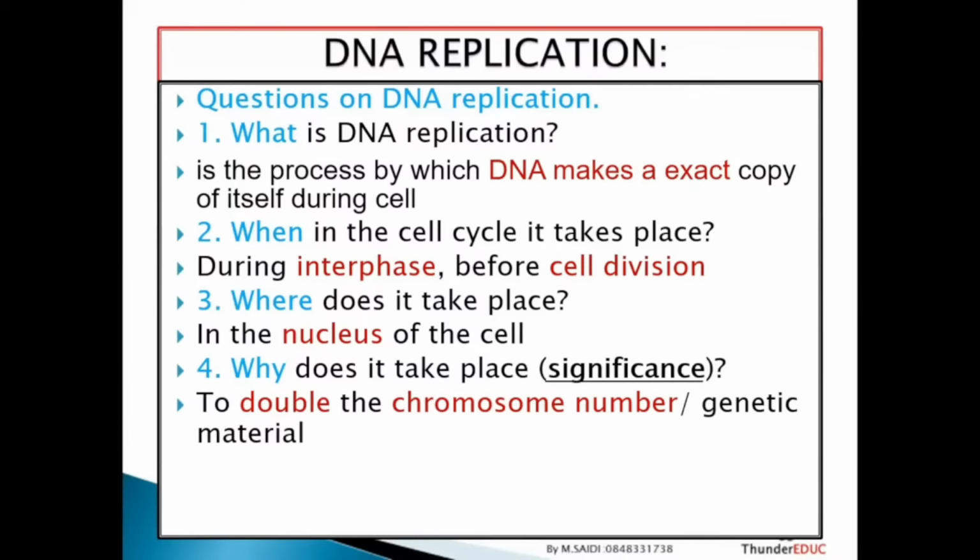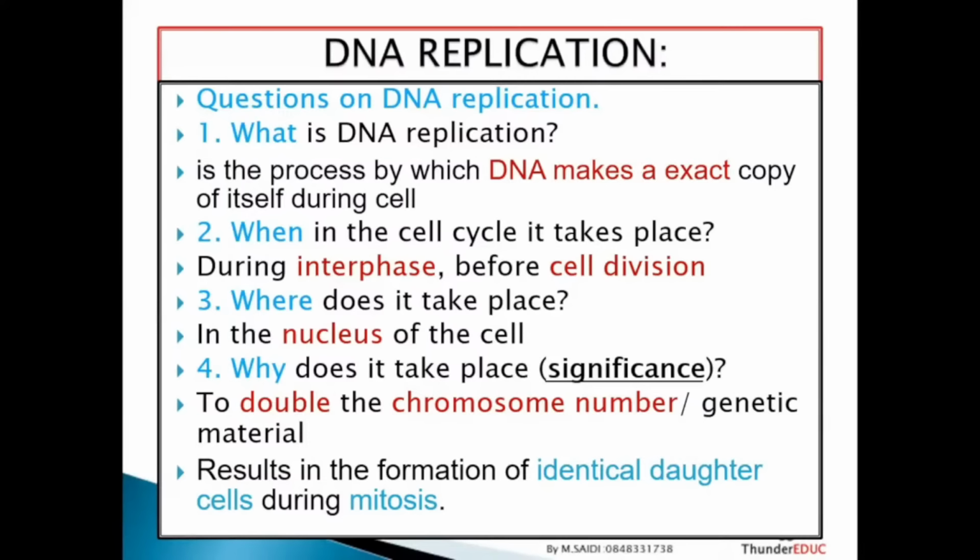Another significance is that it results in the formation of identical daughter cells during mitosis. Remember, cells undergoing mitosis are diploid. The genetic material is supposed to double. When it doubles, the cell must divide. Once it divides, each cell must have the same number of chromosomes, so it will be identical to the original cell.